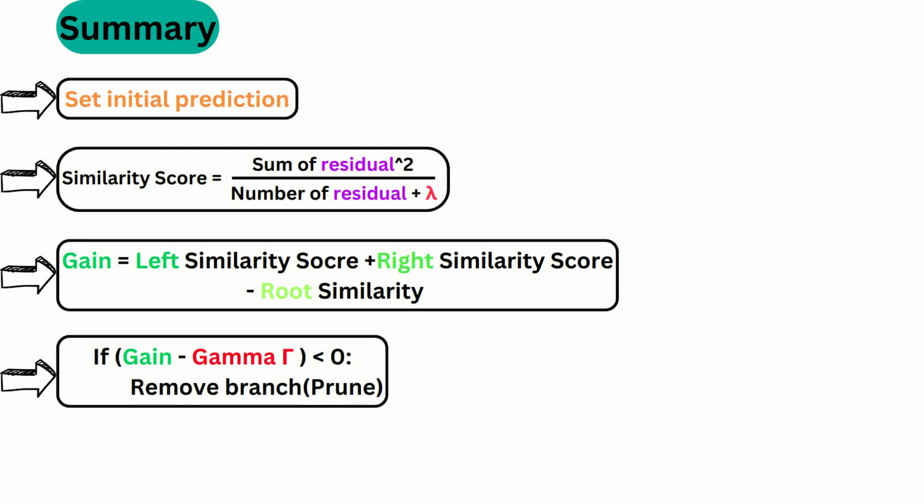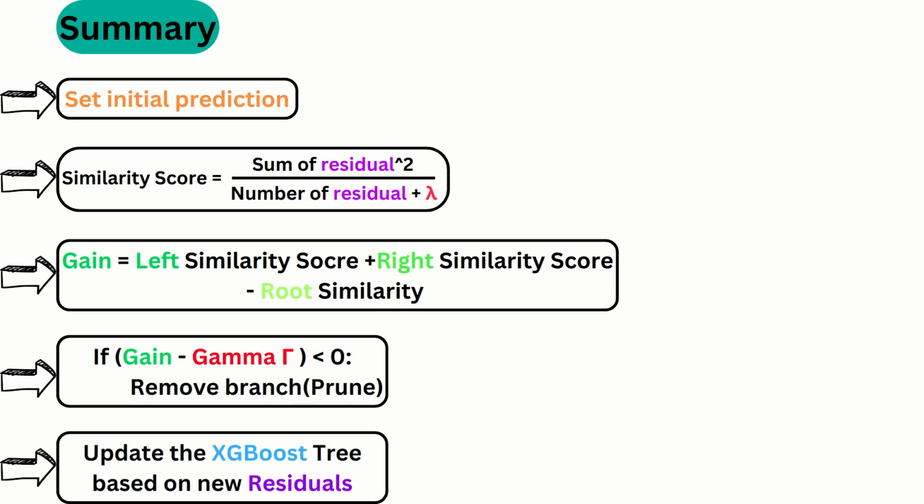We have also explored the concept of pruning the tree and gained an understanding of how lambda influences the pruning of XGBoost tree. Lastly, we grasped the method of updating the XGBoost tree based on initial prediction.